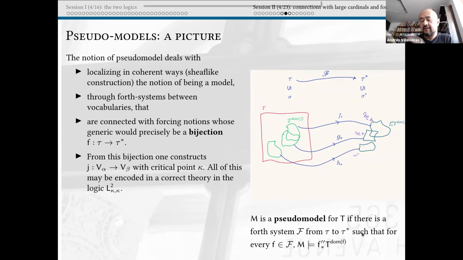I'm not saying what they are. This takes a significant proof in their paper. But the whole point is that all of this may be encoded in a correct theory in the second order logic kappa. And it is worth mentioning, perhaps for people who worry about the second order part of this, I know that John might be asking that question, where do you use the second order part?